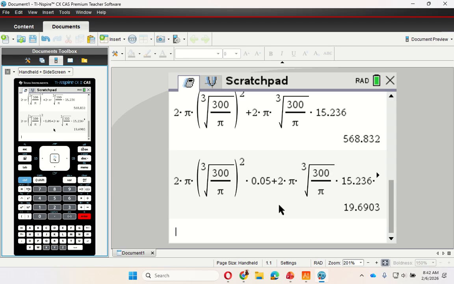Now, 1,000 cm cubed is actually how much? 1 liter. 1 liter is 1,000 cm cubed, so it should be 10 liters. That's why it costs so much. Anyway.